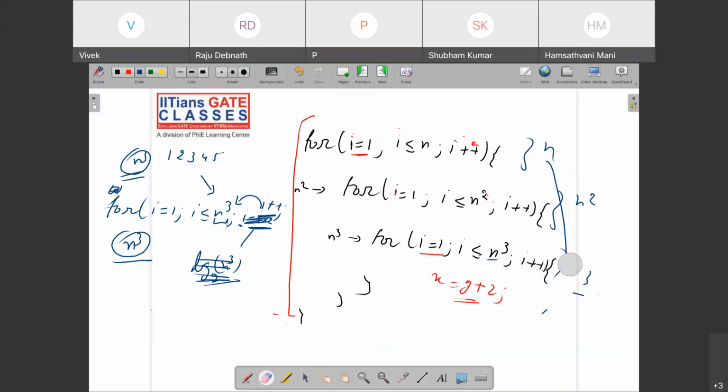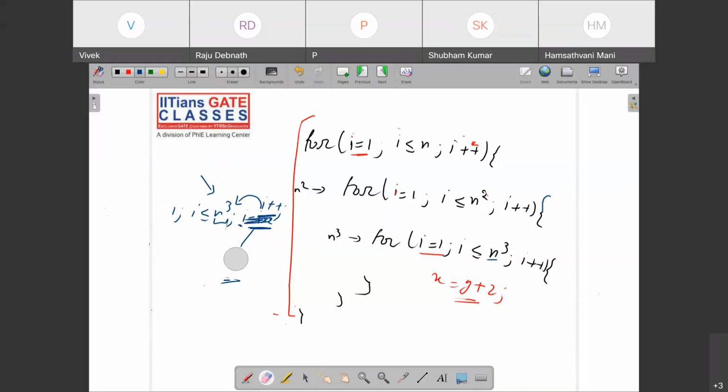Let me tell you why. This question is asked in GATE, so it is a bit tricky. If you miss the detail, your concept may not help you. The detail here is that at each iteration, we are just using the same variable i. Let me try to tell you what's going to happen. Initially, the value of i is 1. Okay, it is less than n. Let's assume n is a very large number.